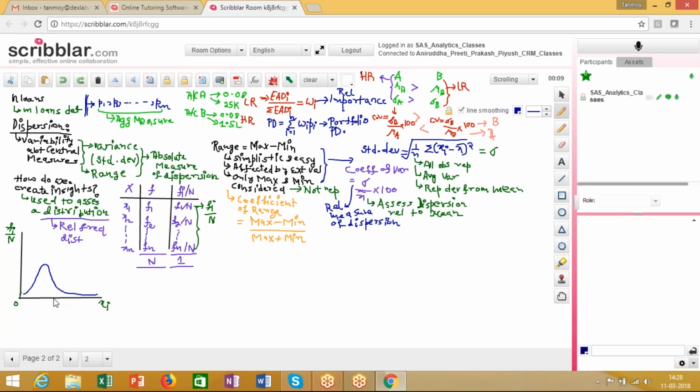I can get a distribution like this, or I can get a figure like this, or I can get a figure like this, right?